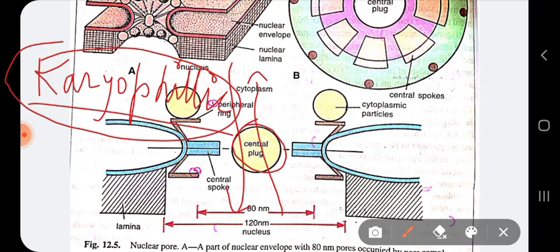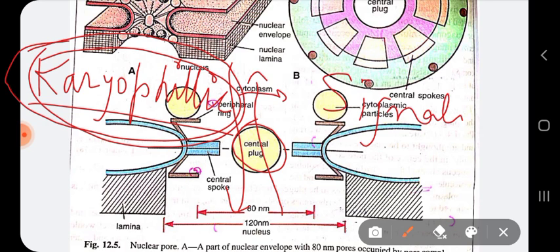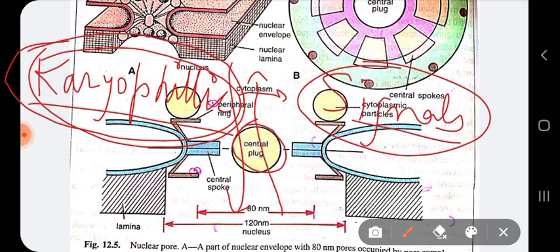Again, I repeat, recent studies have investigated that there are some proteins called karyophilic proteins which mediate karyophilic signals. Or you can say nuclear import signals which enable them to accumulate selectively in the nucleus.